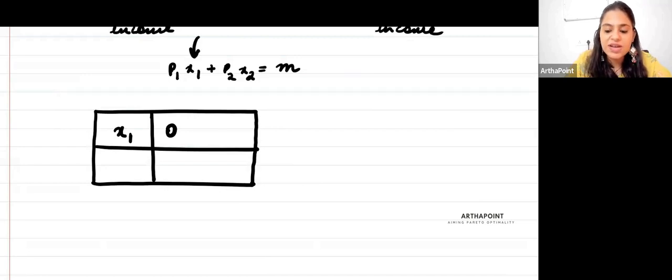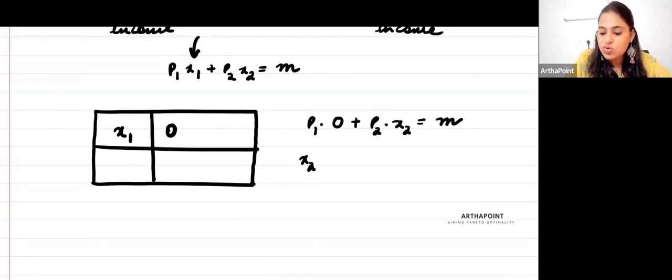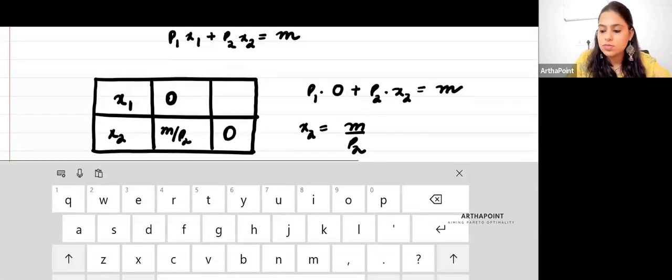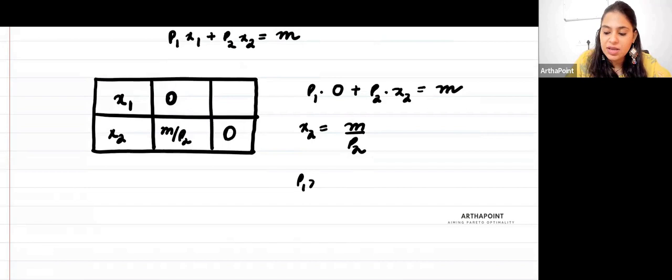If I put x1 as 0, I will get P1 into 0 plus P2 x2 is equal to M. So my x2 will be M by P2. If I put my x2 as 0, then what will I get? P1 x1 plus P2 into 0 is equal to M. So I will get x1 as M by P1.